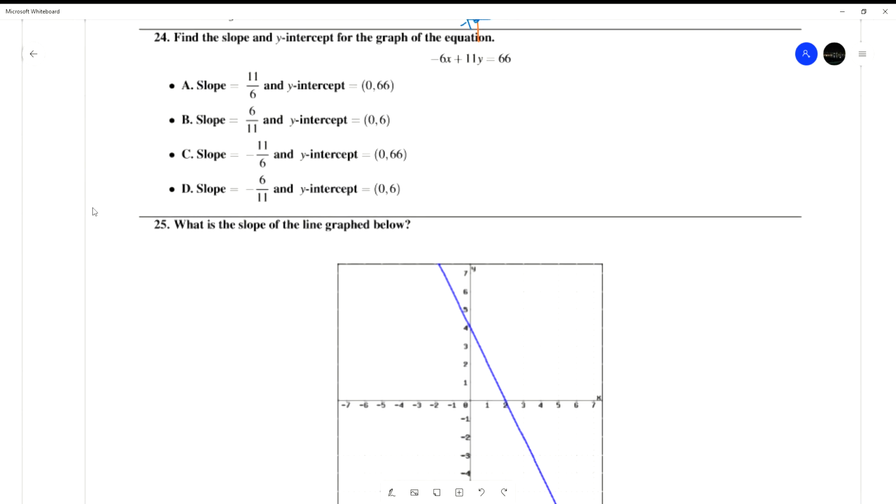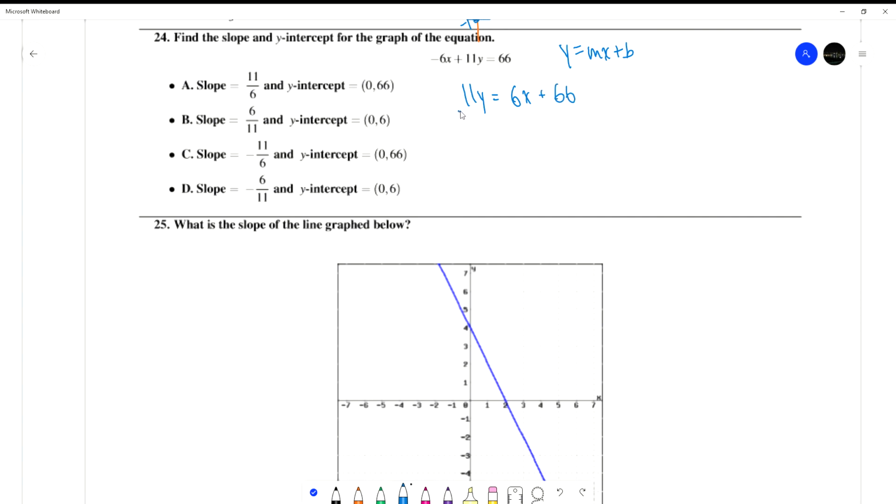Okay, last two of the day. We have to find the slope and y-intercept for the equation above here. That means isolate the y, right? Because we need to have it in slope-intercept form. So I'm going to add 6x to both sides. So 11y is equal to positive 6x plus 66.